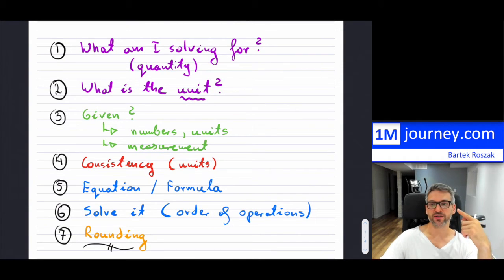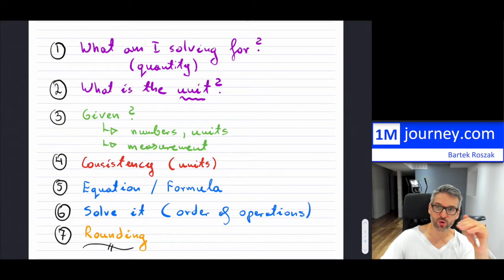Step 1 is you should always ask yourself, what am I solving for? When you dive into a word problem in sciences or in math, sometimes you get overwhelmed because there are so many things happening at you. That's why having a checklist is helpful: forget all of those things, and just first ask yourself, what are you trying to solve for? That's the quantity that you're looking for.